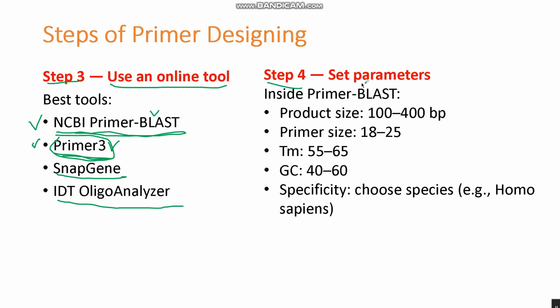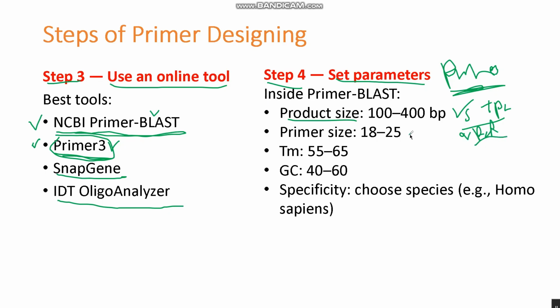Step four, set the parameters. You can set the parameters by the rules we have taught in the previous slides. Inside Primer-BLAST or Primer3, the product size must be 100 to 400 base pairs for standard PCR, and 70 to 150 if it is qPCR.